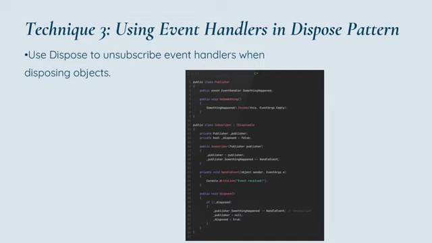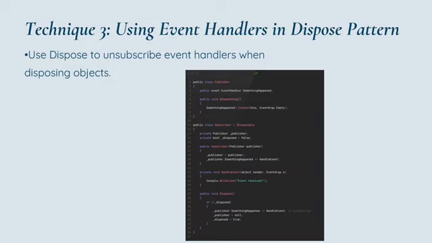And let's talk about the third technique. In C#, when an object is disposed, we should unsubscribe event handlers to prevent memory leaks. The dispose pattern ensures that objects clean up resources properly before they are removed from memory.